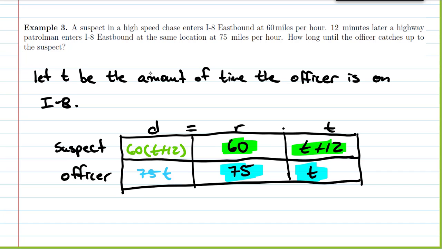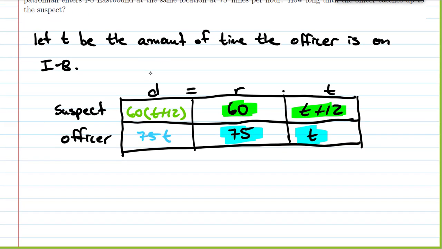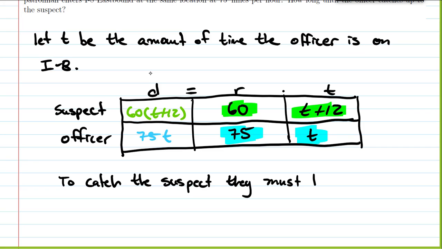So then for the officer to catch the suspect, they must be in the same place at the same time.